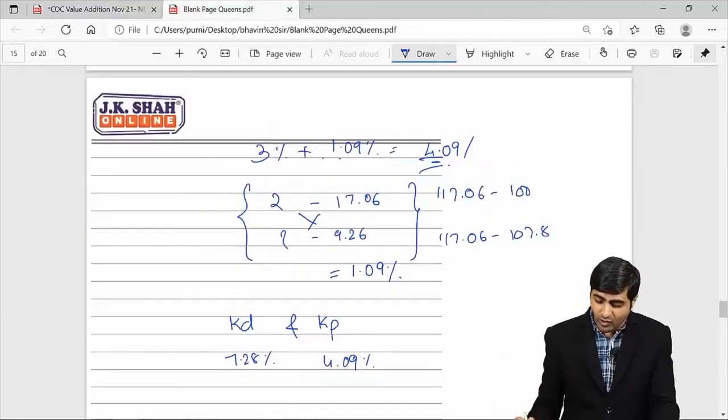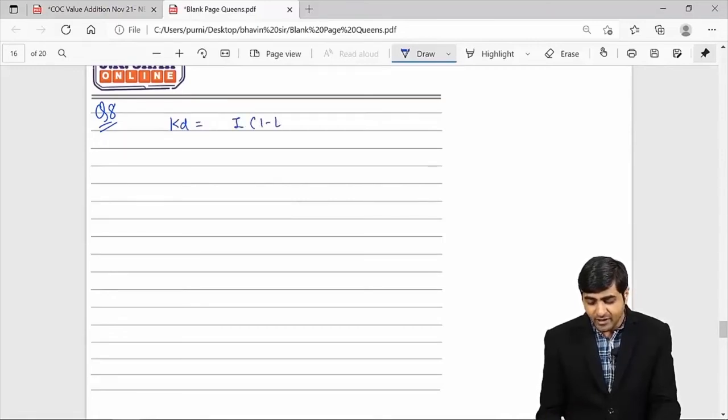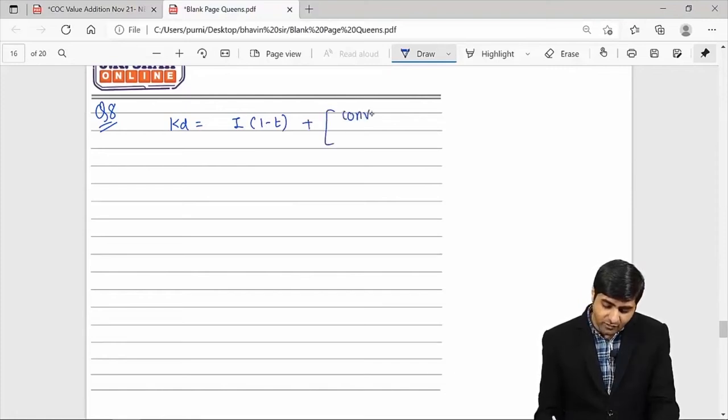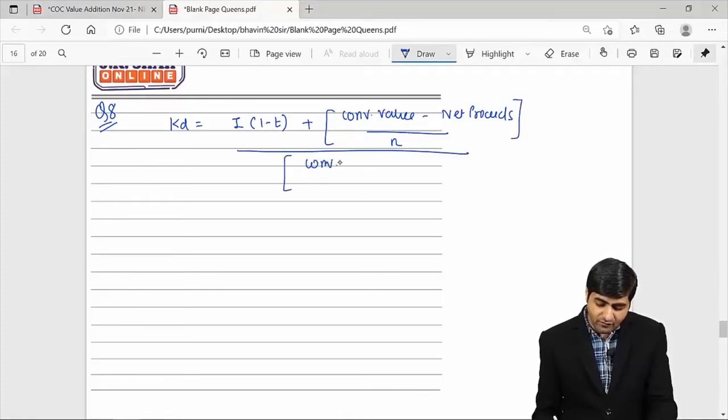Okay. So now what we need to do here is, in this particular question, we are required to calculate your cost of debentures only, and you can actually calculate your cost of debentures by using this formula as well. Interest into 1 minus tax plus, instead of redemption value we can write down conversion value minus whatever is going to be your net proceeds, and then we will divide it by the life of the particular debentures, and then whatever will be your conversion value plus whatever is your net proceeds, we'll take the average of the same.